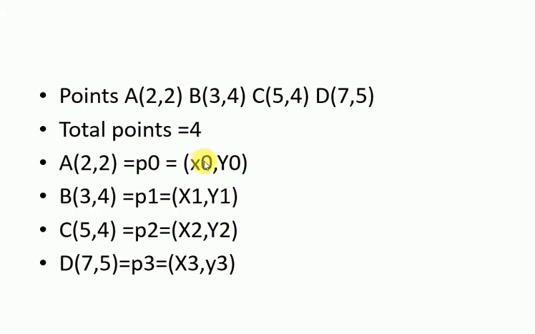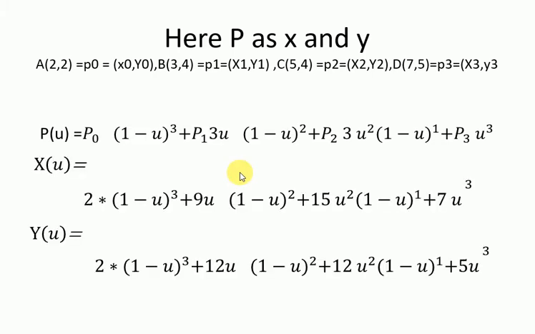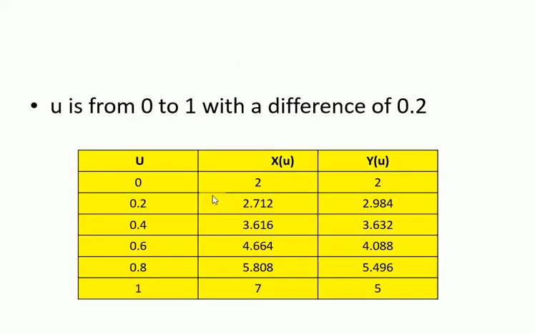Now we substitute these for x of u and y of u. The same formula is used for x and y. So let us look at substituting. u ranges from 0 to 1, with a difference of 0.2.